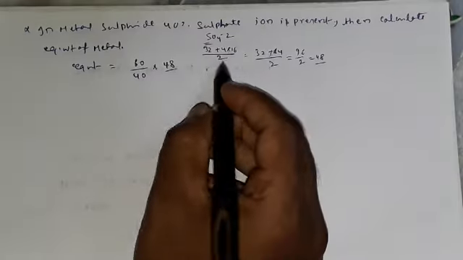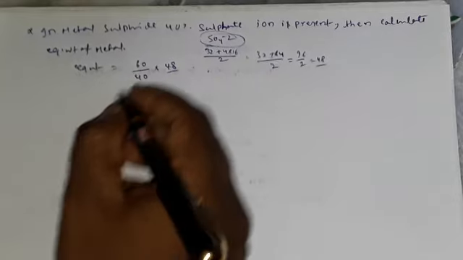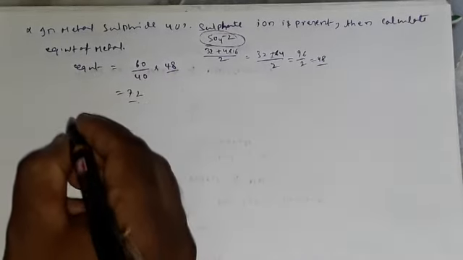Yeah, so this way you can find the equivalent weight of any ions. Now this value is what? 72.